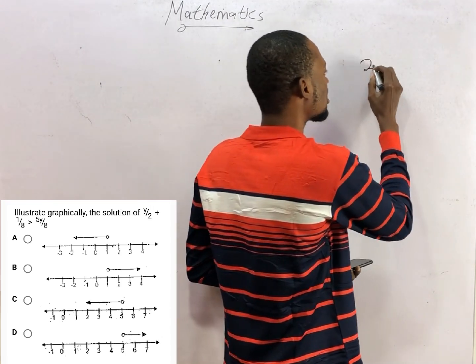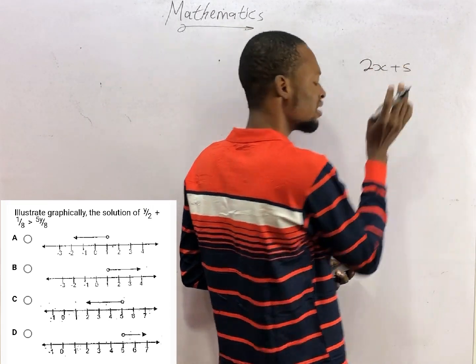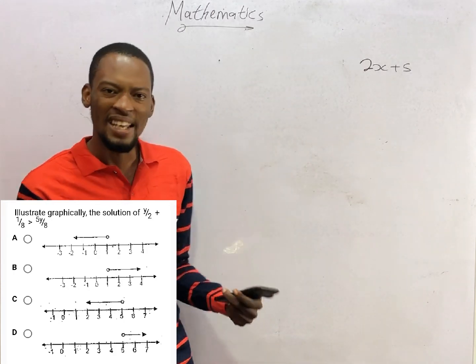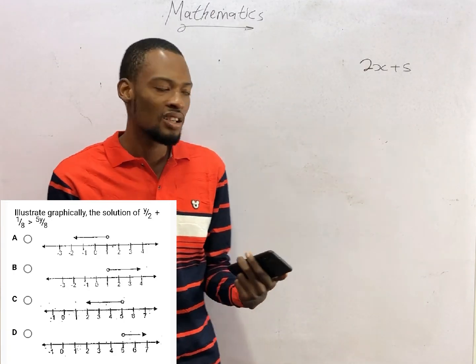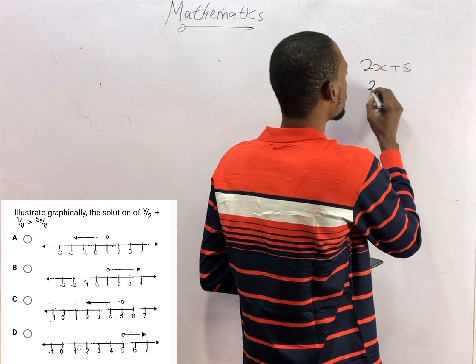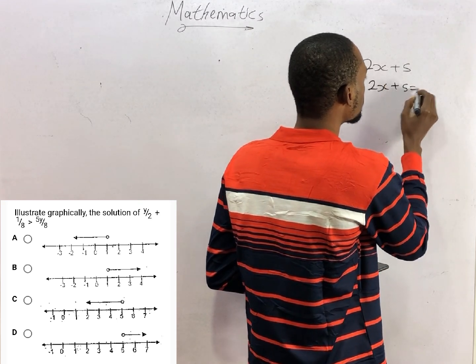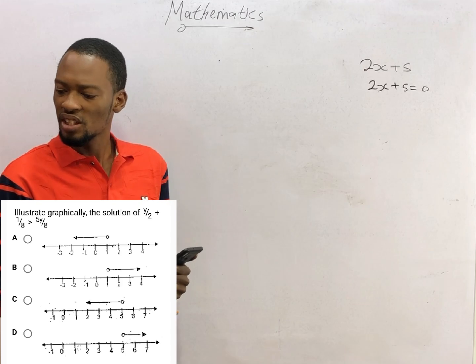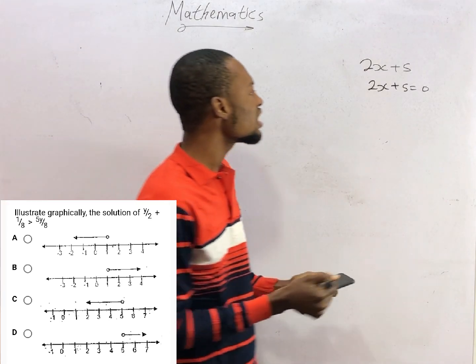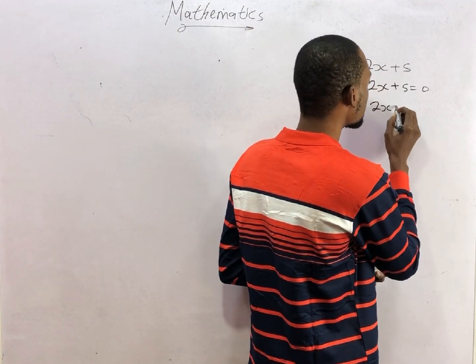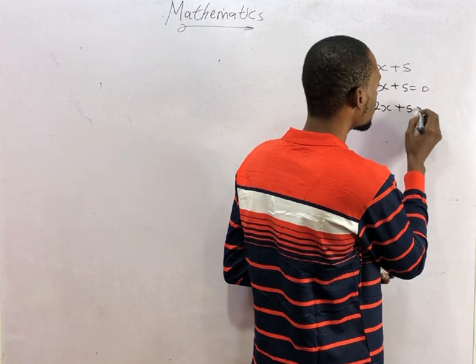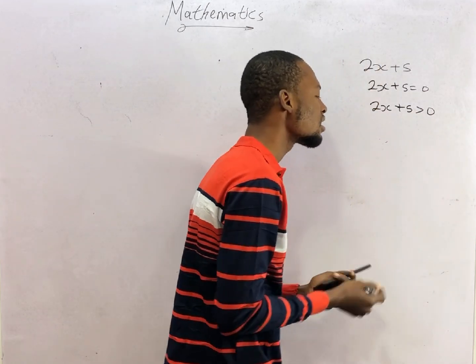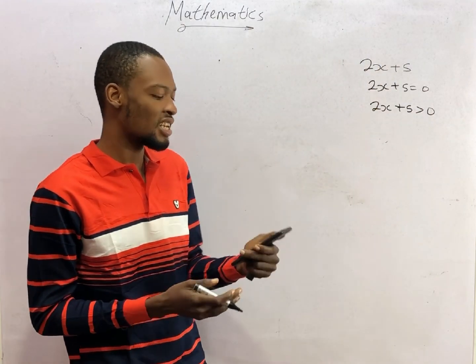If I say 2s plus 5, this is an expression because there is no equality sign. If I say 2s plus 5 is equal to 0, this is an equation because there is an equality sign. If I say 2s plus 5 is greater than 0, this is an inequality.